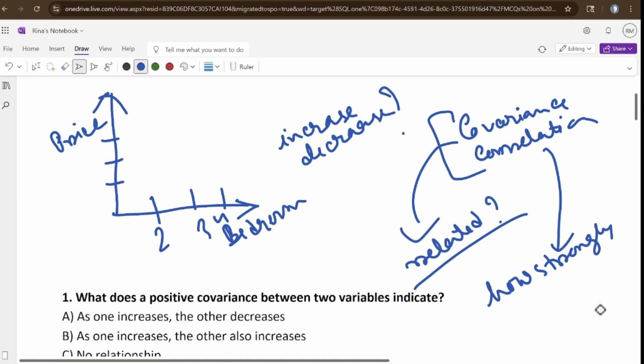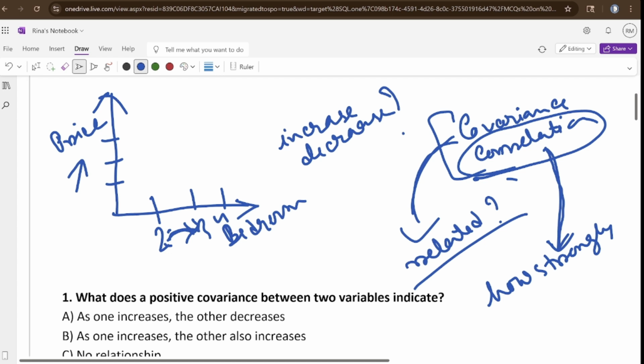Maybe for changing a little bit in bedroom from 2 to 3, there is not much difference, or maybe for changing one bedroom there is a high increase in price. Anything can happen. That will be told by correlation only. Covariance only tells you that it is increasing, but correlation will tell you that it is increasing at a greater rate or a lesser rate. So you understand that correlation tells you how strongly they are related.